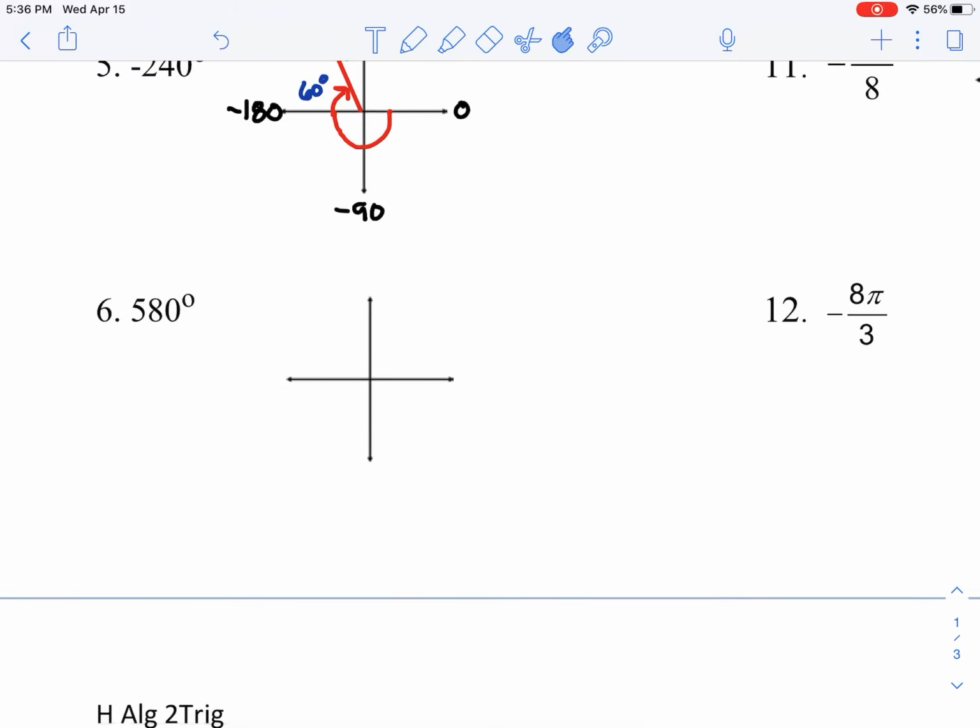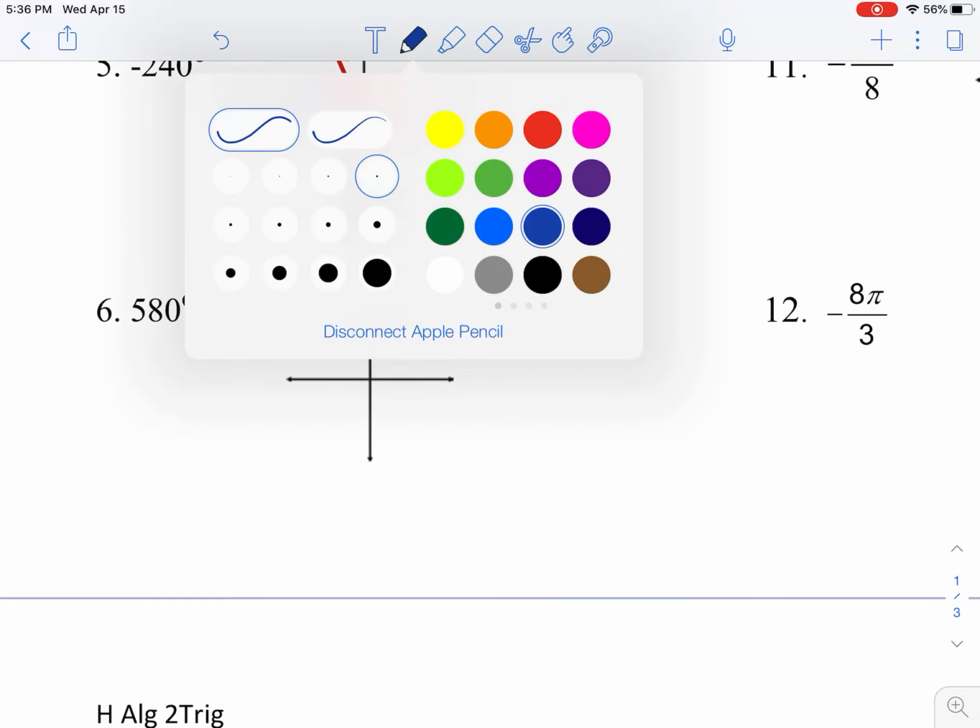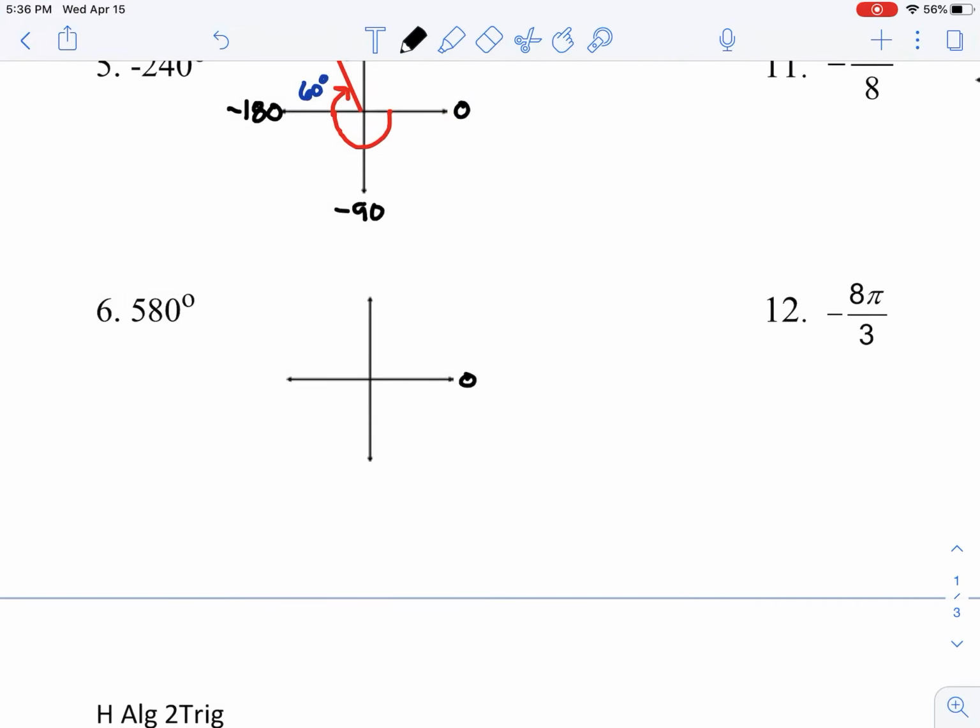Still going. So 0, 90, 180, 270, 360, 450. Notice that I'm multiplying by 9.